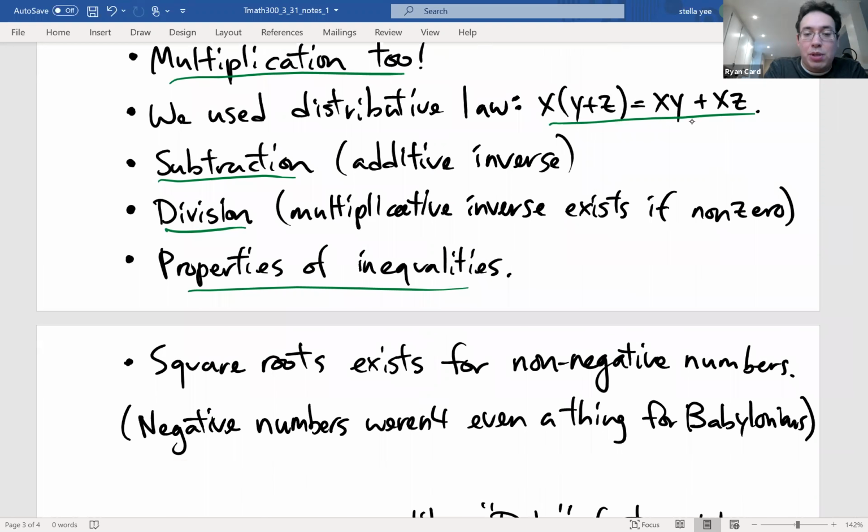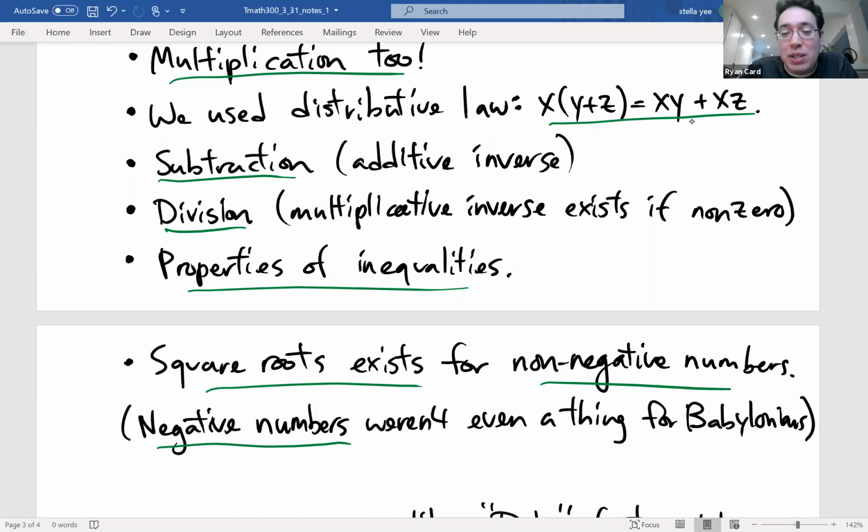We assumed that the square roots exist. There's a number such that when you multiply by itself, you get the thing that you are expecting to get, and those things exist when the inside of the square root is non-negative. Okay. This is kind of like subtraction, but we assume that negative numbers are numbers.